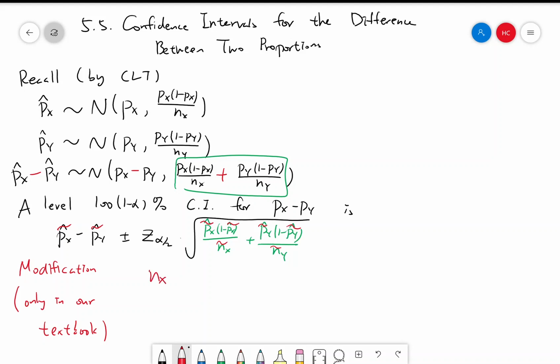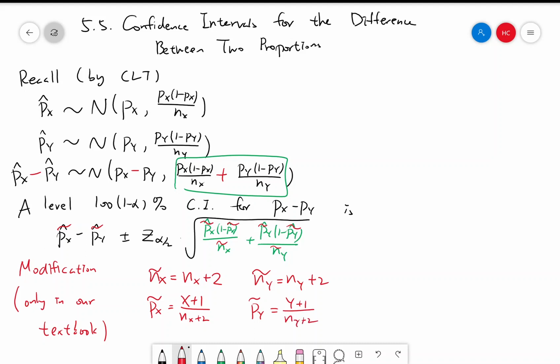So nx tilde is the original value of nx plus 2, and ny tilde is the original value of ny plus 2. And px tilde is going to be x plus 1 over nx plus 2, and py tilde is going to be y plus 1 over ny plus 2.